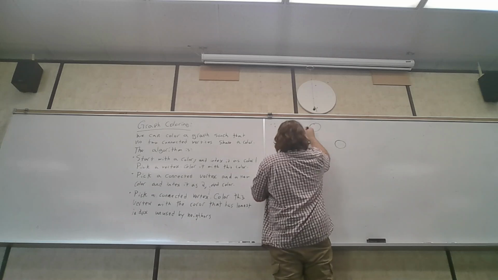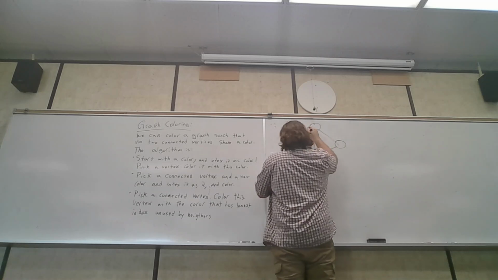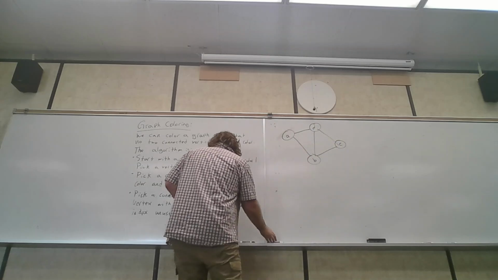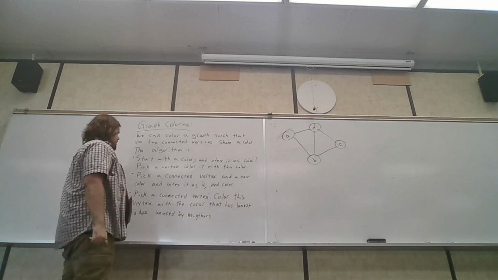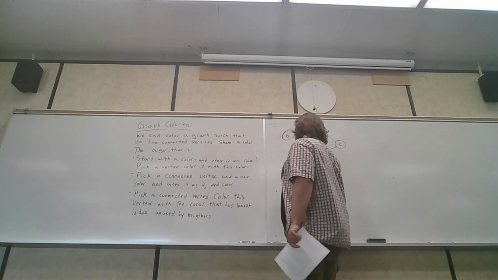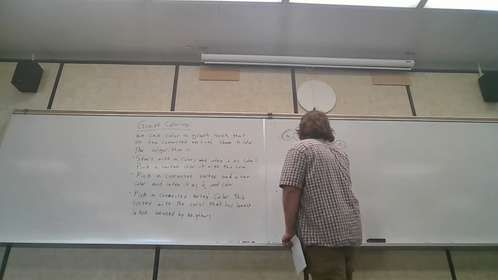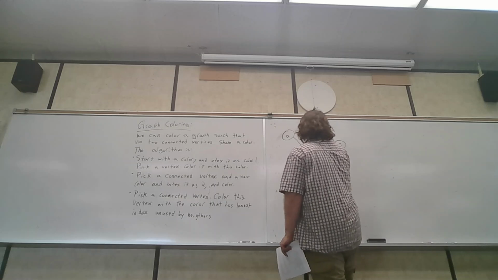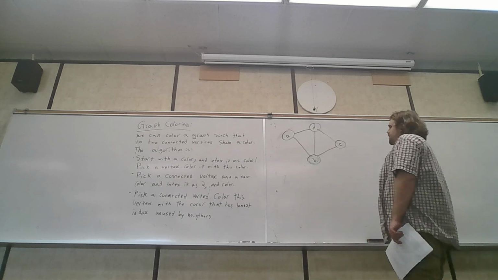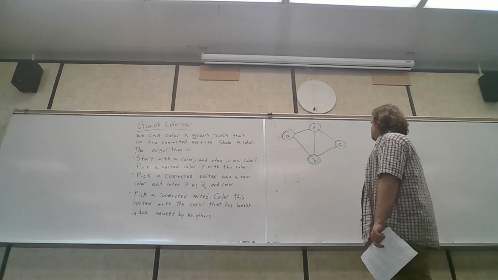And I have it just like this. A, B, C, D. So, okay, let's look at the algorithm. It says, start with a color. I got green. So green is indexed as number 1. Pick a vertex. Who cares? B. Color it in. All right. Pick another vertex and another color that's connected to this.